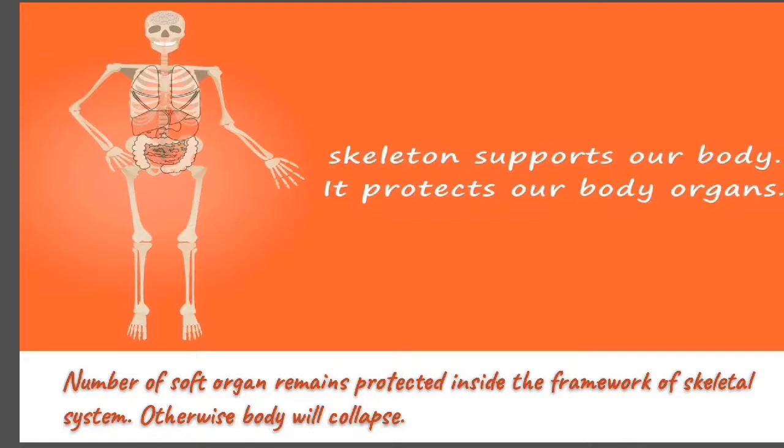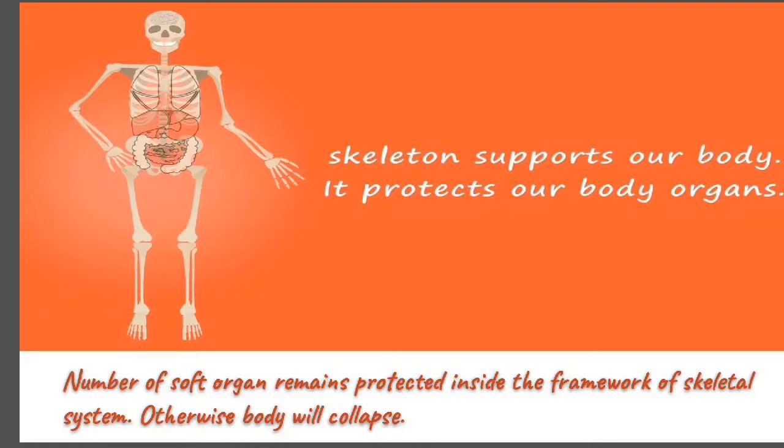These organs should be in proper functioning, in a proper place, in a proper condition. So all these organs need protection, and this protection is given by this kind of framework. The human body has a framework inside which all the organs exist, and they get protection from this framework.